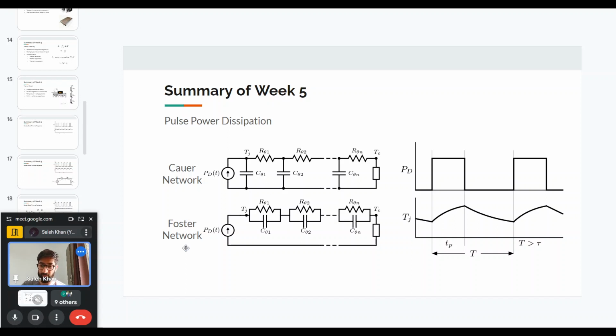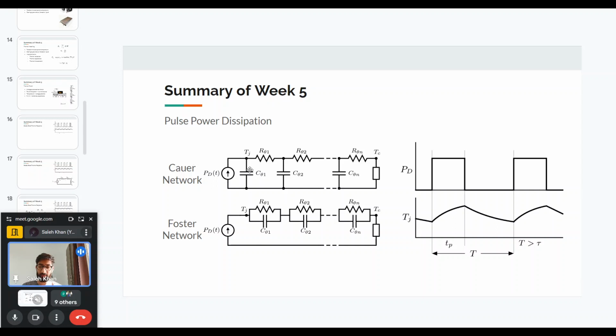These are sometimes given by the manufacturer in the data sheet. They experimentally measure how the thermal response looks like, and then they try to fit it to a particular network so that this network can be used to approximate the thermal response.